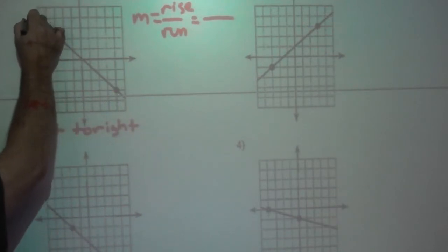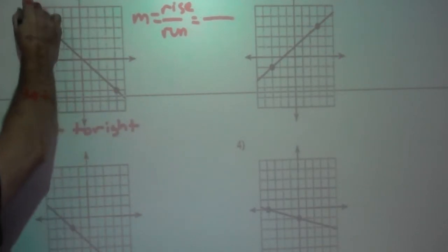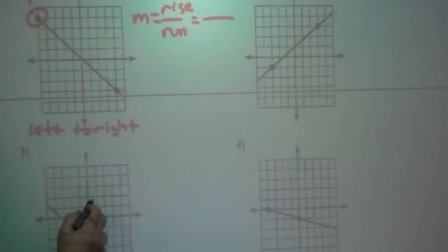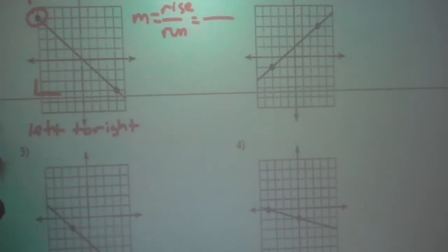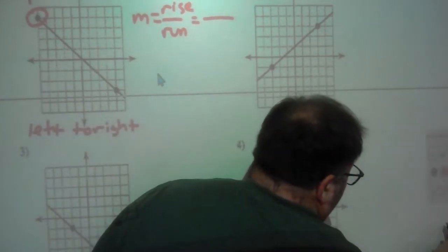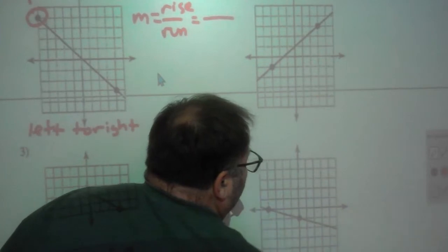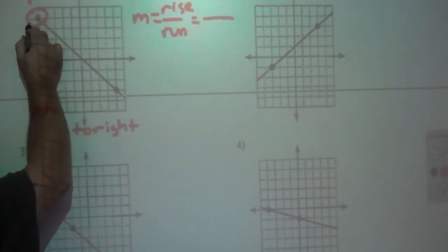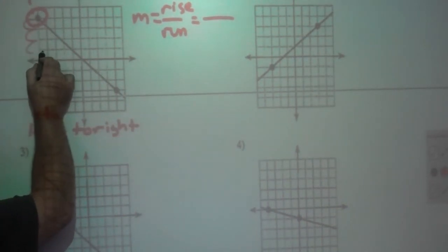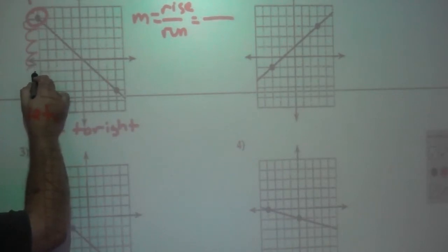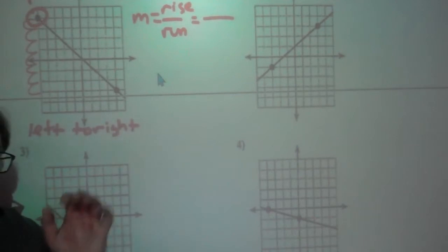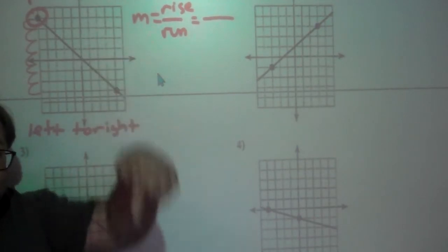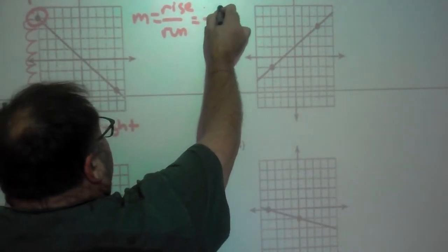This is my first point, and I've got to count it down till I get this right angle. Let me get a smaller pen. So now I've got 1, 2, 3, 4, 5, 6, 7. What direction did I go? I went down. So that means -7.